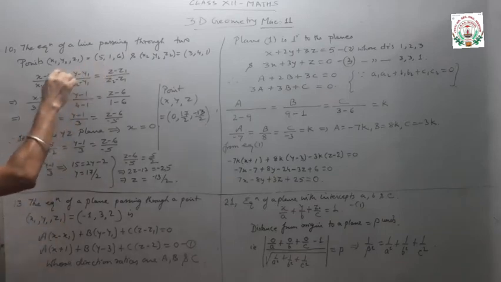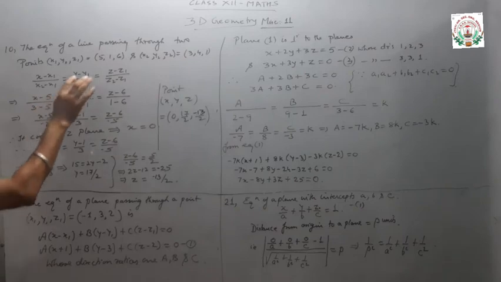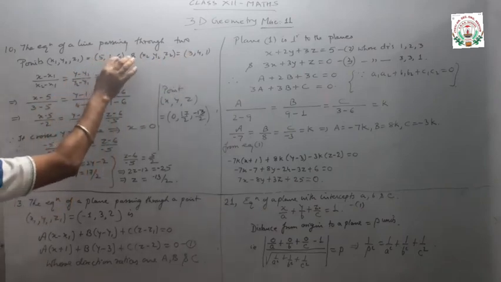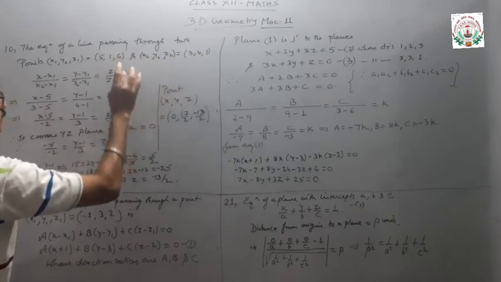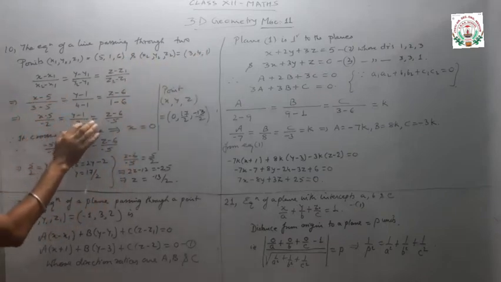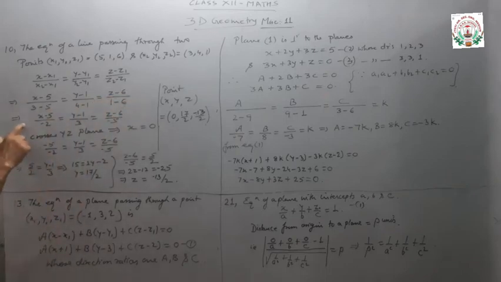So (x - 5) upon (3 - 5), (y - 1) upon (4 - 1), (z - 6) upon (1 - 6). So (x - 5) upon minus 2, (y - 1) upon 3, (z - 6) upon minus 5. We get the equation of the line in the Cartesian form, in the symmetric form.